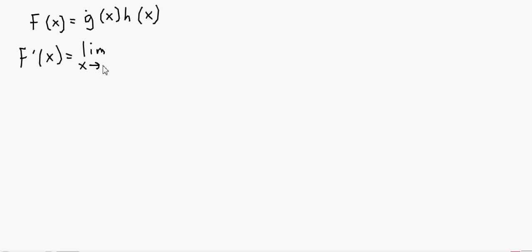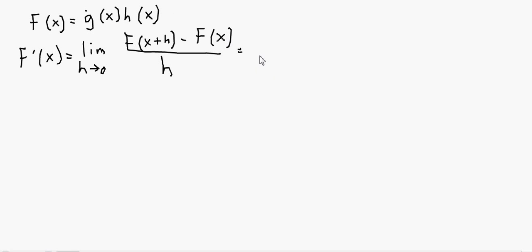If f of x is g of x times h of x, then to find f prime of x, we're going to use the definition of derivative, which is the limit as h goes to 0 of f of x plus h minus f of x, over h. Now, we're just going to plug in f of x plus h. If f is g times h, then f of x plus h is g of x plus h times h of x plus h. No problem.